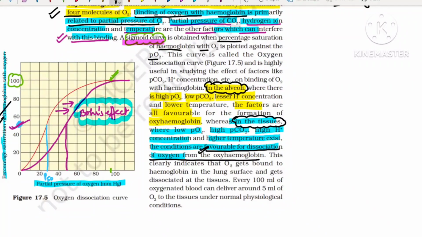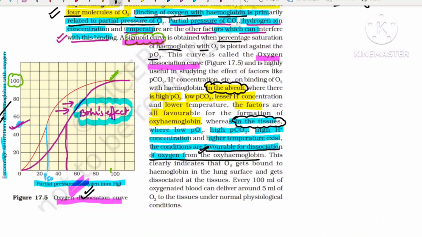So you are getting the S-shaped curve that is known as a sigmoid curve. This is also known as the oxygen dissociation curve. Clear, beta? This curve is used to study the role of other factors like partial pressure of carbon dioxide and hydrogen ion concentration.